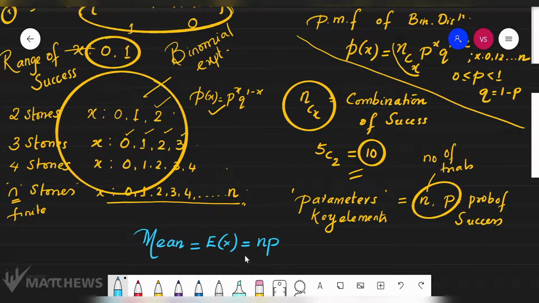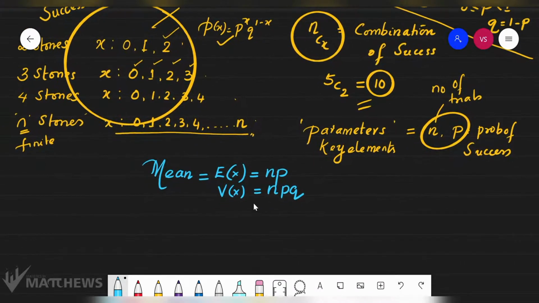Then the variance is given as n into p into q, and the standard deviation of x is given as root of npq. So like that, students, you need to remember.